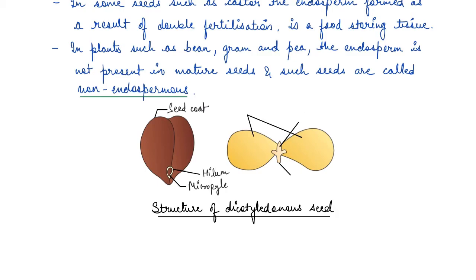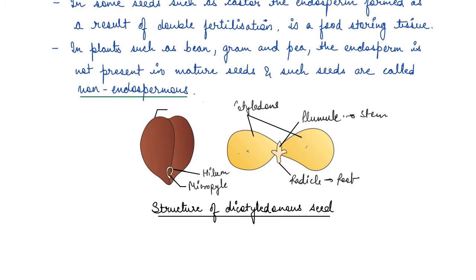Now here in the diagram, these two are the cotyledons. Then you have the plumule and the radicle. This radicle basically develops into root and this develops into stem. Okay, so this is the structure of a dicot seed.